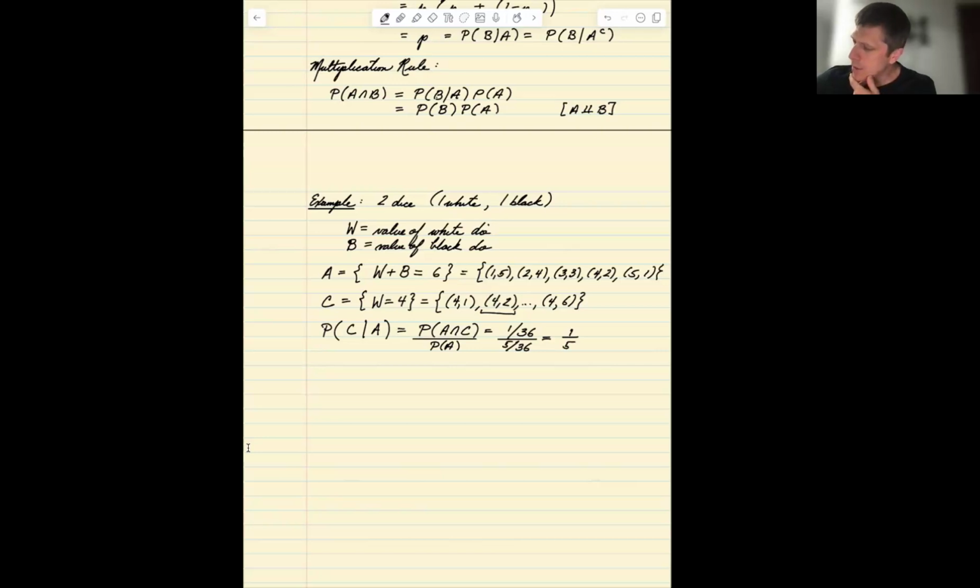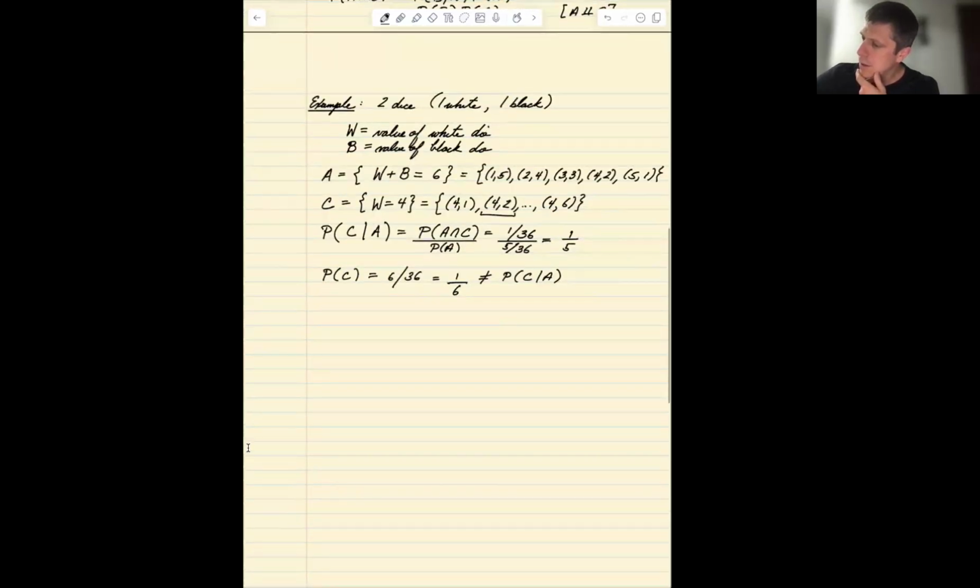What's the probability of C? The probability of the white die being a 4. Well, we know there's 6 possibilities, divided by 36 is 1/6. This is not equal to the probability of C given A, and therefore A is not independent of C. You might want to think about why that would be.